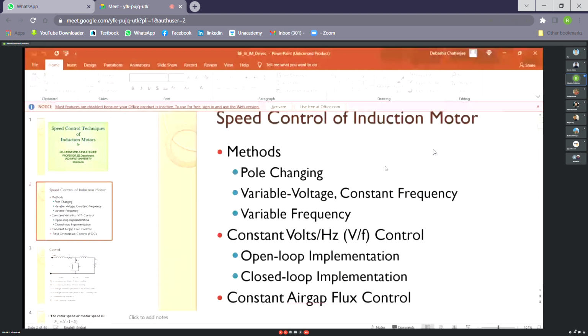Now, there is an induced EMF in the rotor winding, and then you have to ensure that some current flows through the rotor. The EMF has to find some path to flow current. That means you have to short circuit the rotor terminals. If it is a slip ring machine, you have to short circuit externally through the slip rings, or if it is a cage machine, they are inherently short circuited at the end rings.